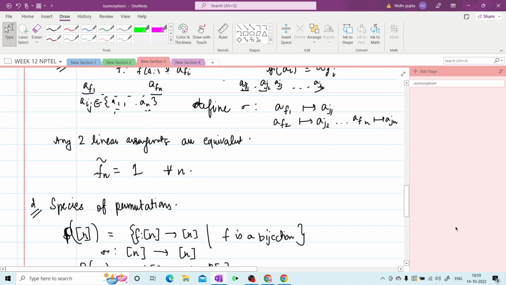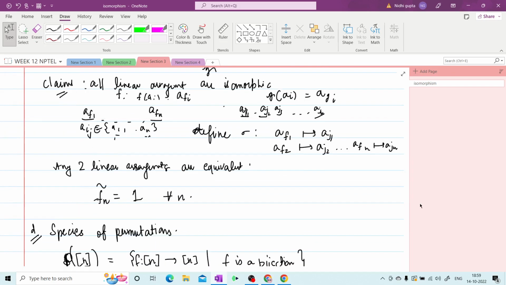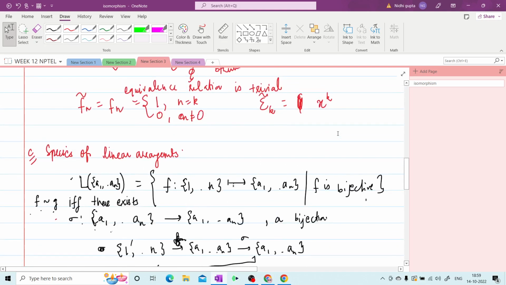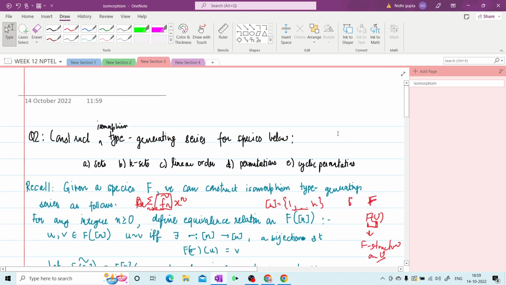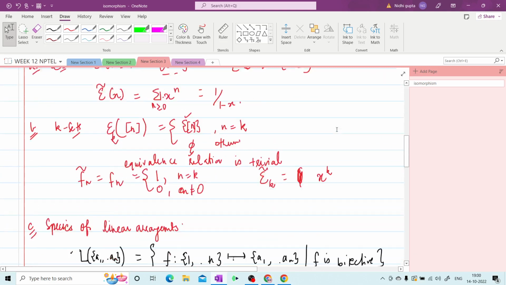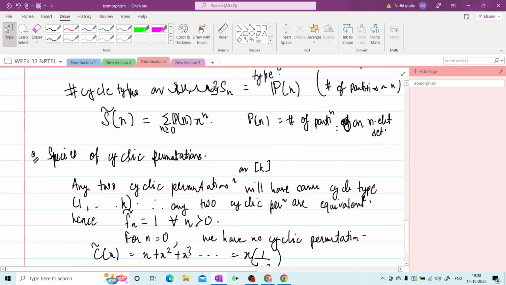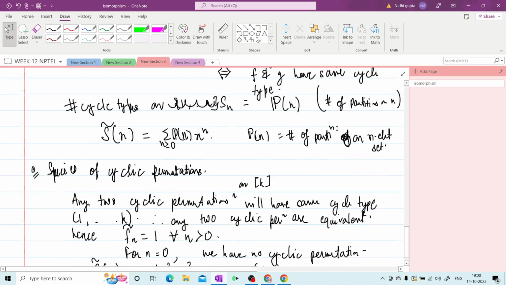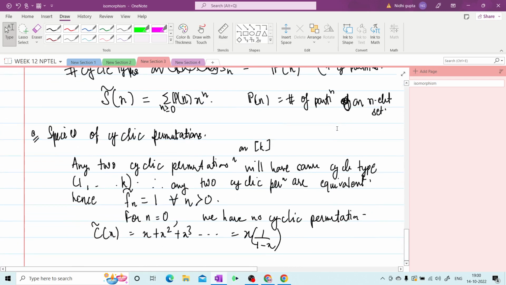I haven't constructed the isomorphism type generating function for endofunctions because it requires a bit of work, so you can try it on your own. Okay, this was all for today. Thank you.